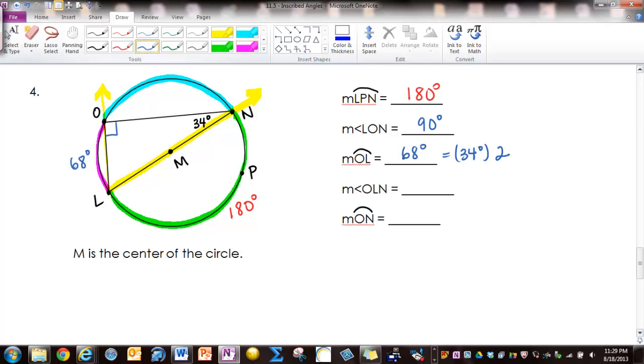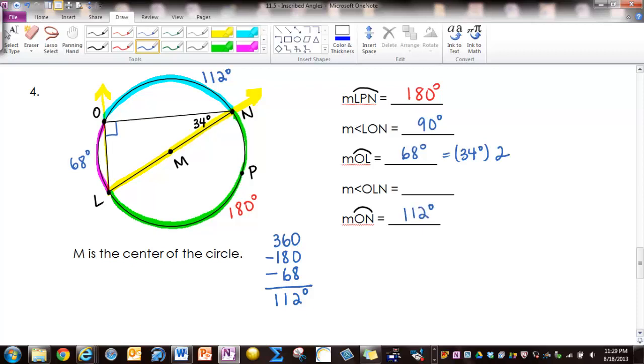So if I want to find the blue one, arc ON, I take 360 minus 180 minus 68. And when I do that, I get 112 degrees. And that is the measure of arc ON.